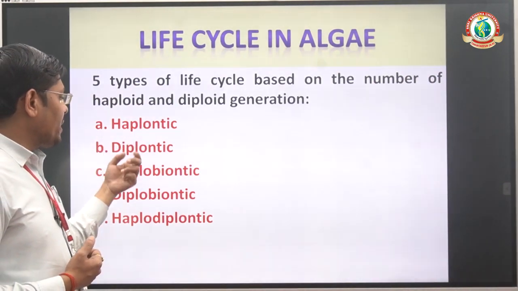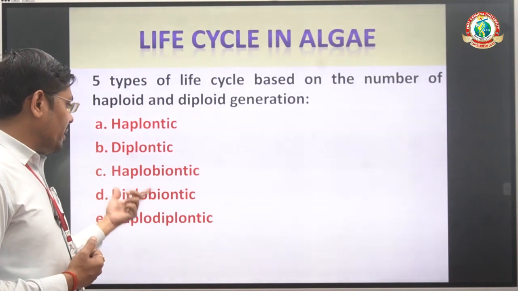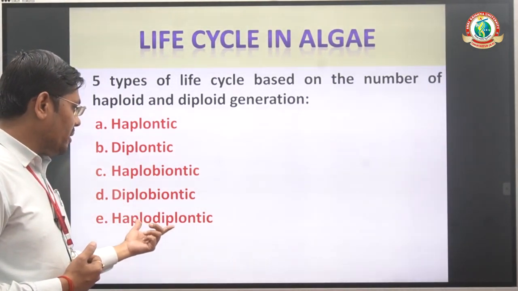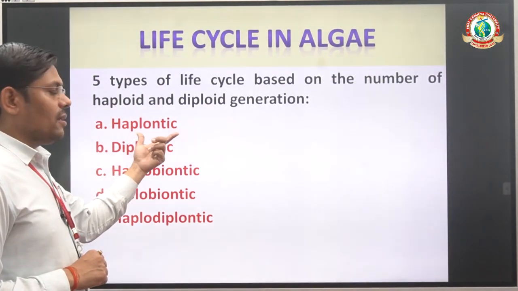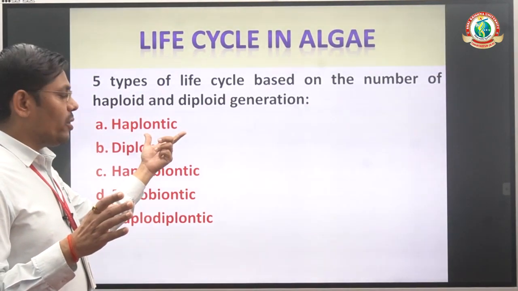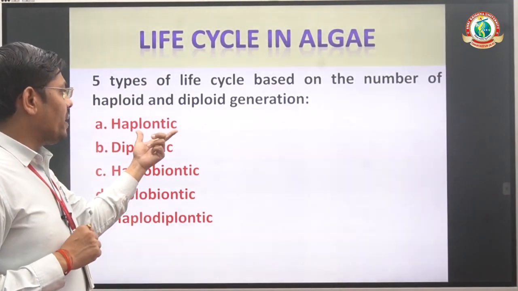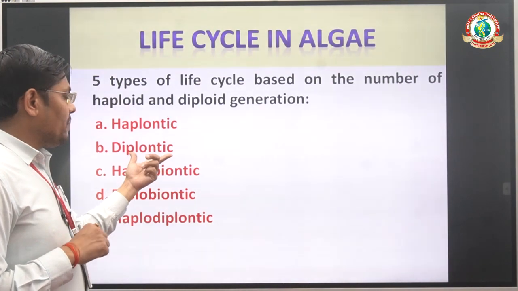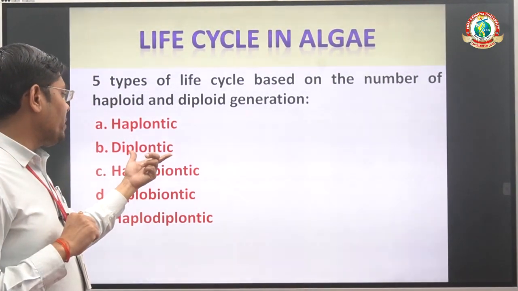First is haplontic, second is diplontic, third is haplobiontic, then diplobiontic and haplodiplontic. When the haploid or gametophytic phase is dominant for most of the time, it is called haplontic. When the diploid or sporophytic part lasts for a long time, that is called diplontic.